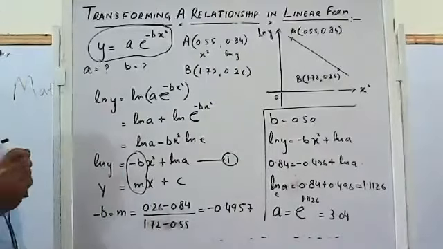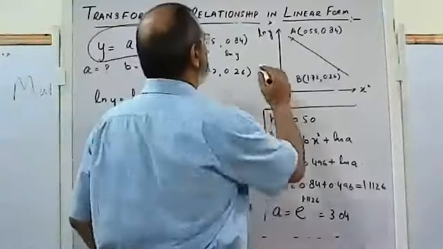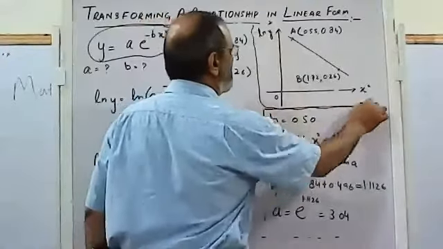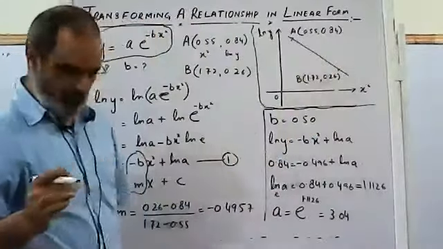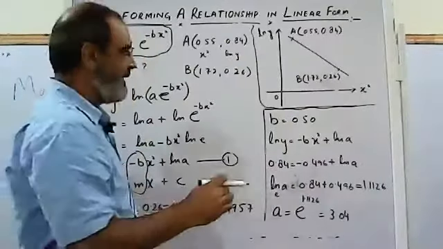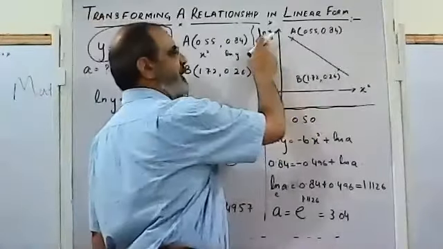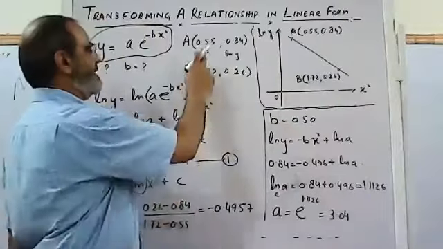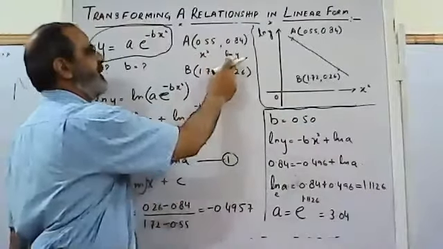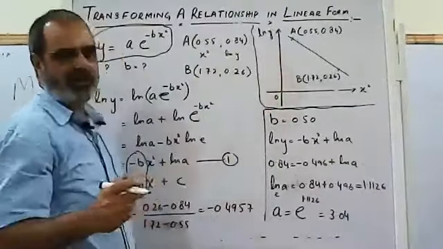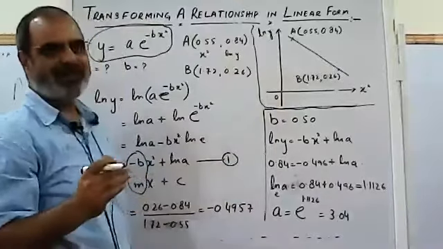So remember, you have to look at the diagram first. What is plotted along the x-axis and what is plotted along the y-axis? These are the values of x square and ln of y, because along the y-axis we are plotting ln of y, along the x-axis we are plotting x square.